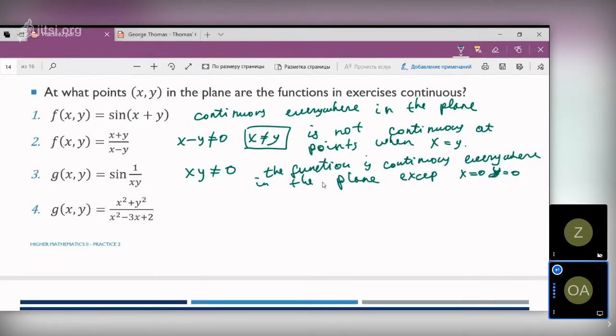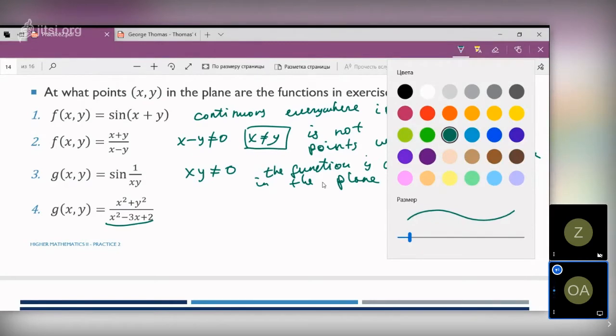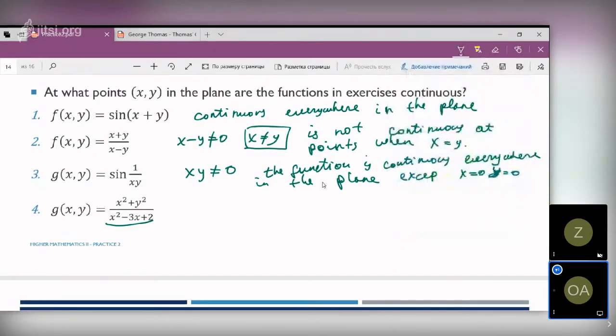In the third case, g of xy. So we have to calculate this denominator. We have to find its zeros if it exists. x squared minus 3x plus 2 equals to 0. We have to solve this quadratic equation.